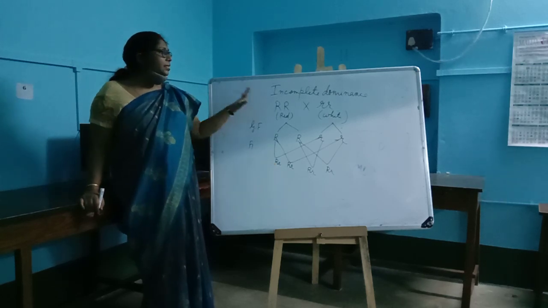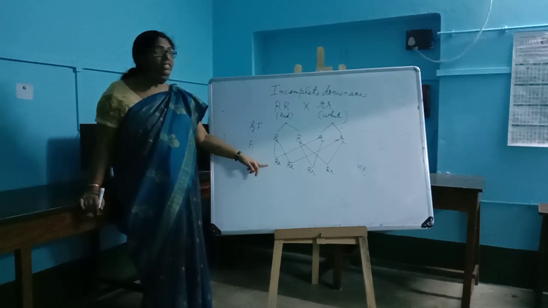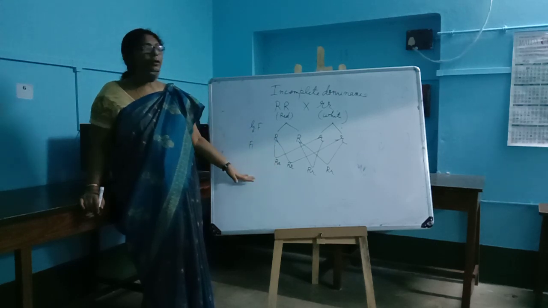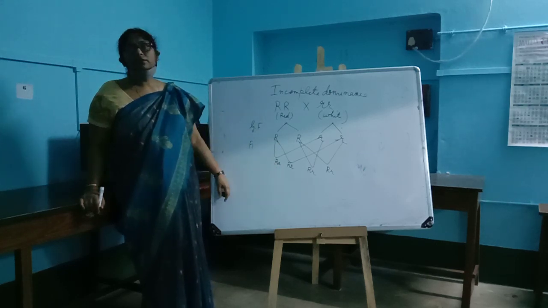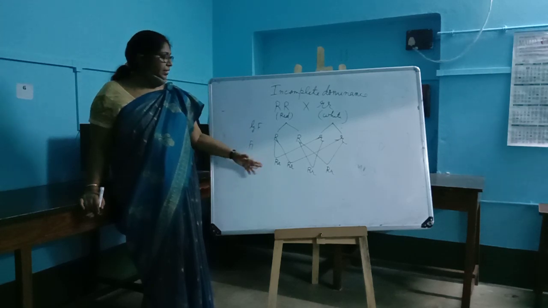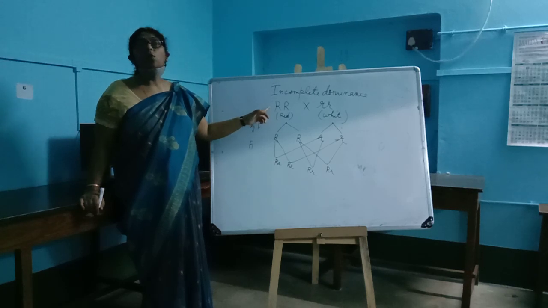Now in the case of incomplete dominance, you will find that these flowers are heterozygous no doubt, because one capital R and one small r, but the color is going to be pink, not red. Why? Because in this case, the dominant character will be expressed only when it is homozygous.